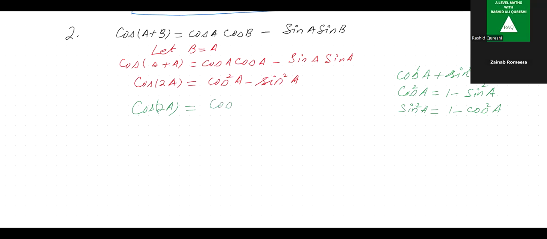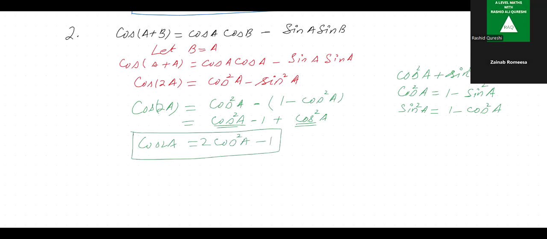The sine square of A is 1 minus cos square of A. So I will get cos square of A minus 1 minus cos square of A, minus into minus gives plus, that becomes cos square of A plus cos square of A. This term and this term we have to add. This becomes 2 times cos square of A minus 1. That is called the second result.